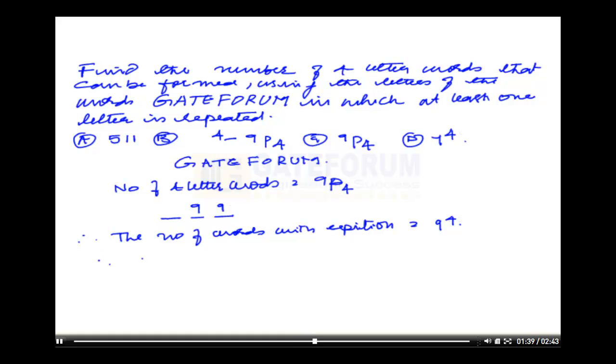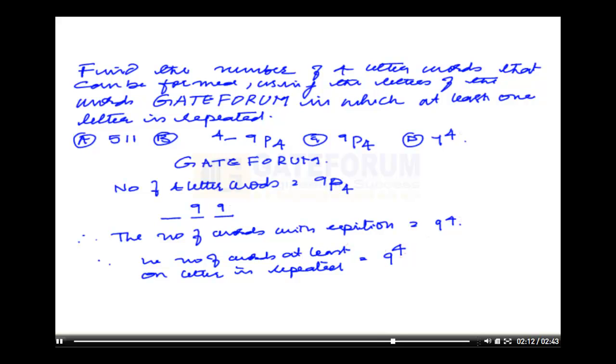Therefore, the number of words in which at least one letter is repeated: 9 raised to 4 actually contains all possible words, wherein you find 1 letter repetition, 2 letter repetition, 3 letter, 4 letter and no repetition.